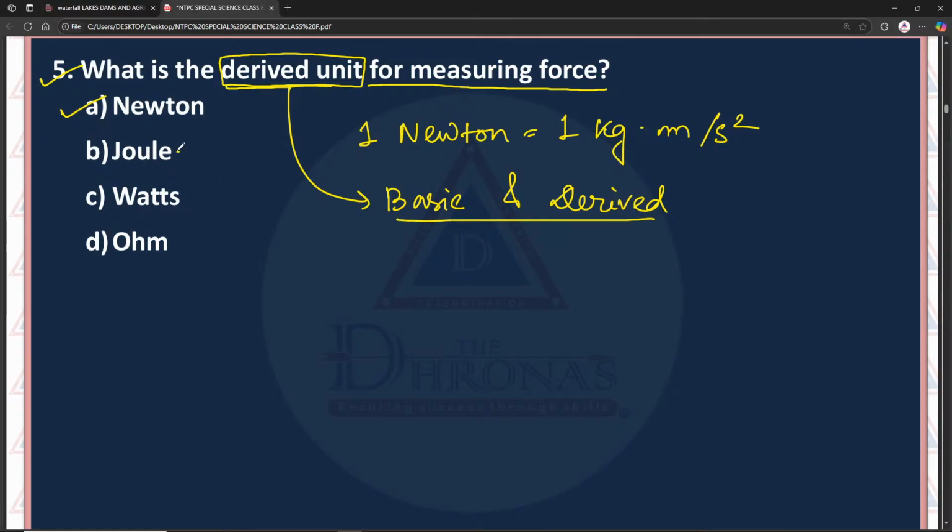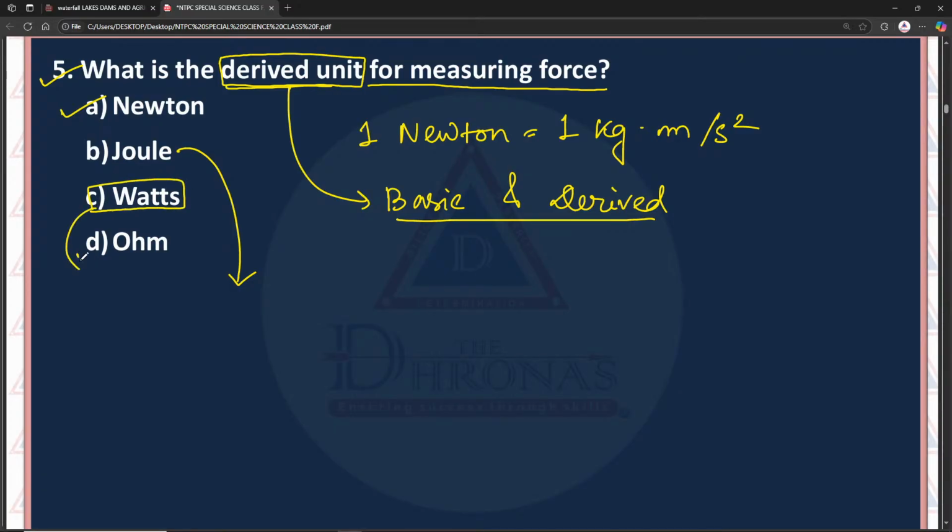Now joule किसका unit है? Joule is a unit of... no, पावर का यूनिट है watt. ठीक है.